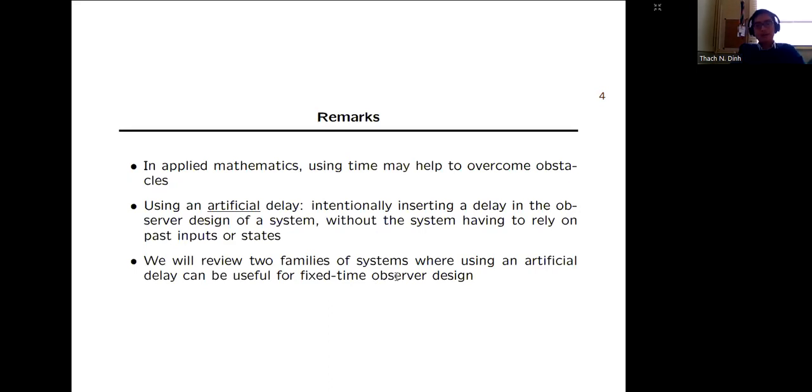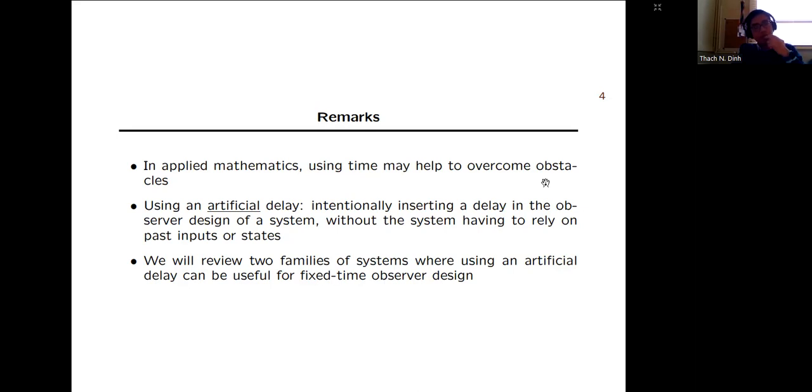So now we go to the introduction. First, I would like to share some remarks related to the talk. In applied mathematics, using time may help to overcome obstacles. For example, if you are familiar with interval observer design, the change of coordinates is normally time varying, even if the system is time invariant.